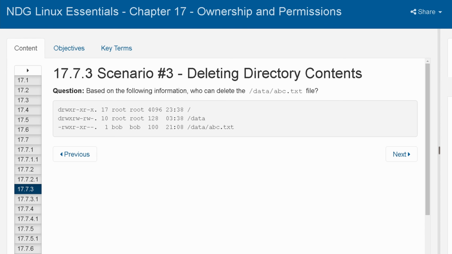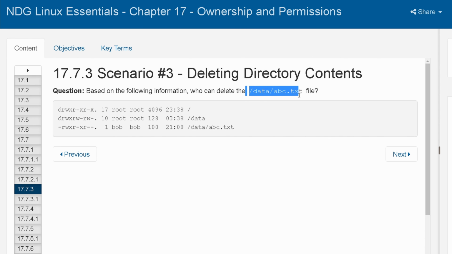In the next scenario, 17.7.3, scenario 3, deleting directory contents, we are told, based on the following information, who can delete the /data/abc.txt file. First we're going to look at the actual directory, the slash part. We have root, so we're going to need the global if we are looking at Bob. The global part is the last three characters: the R, the dash, and the X. The R means read, the dash means there's no write, and the X means the ability to execute.